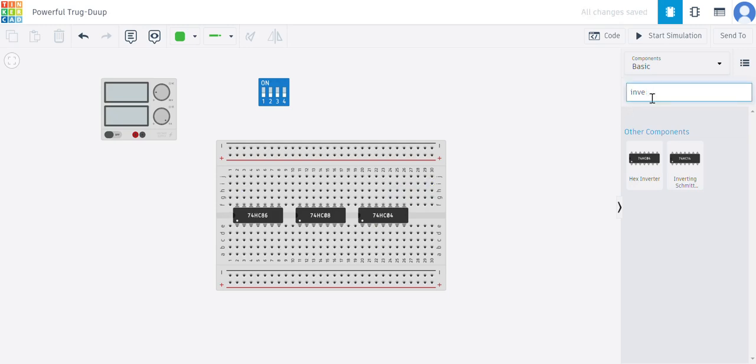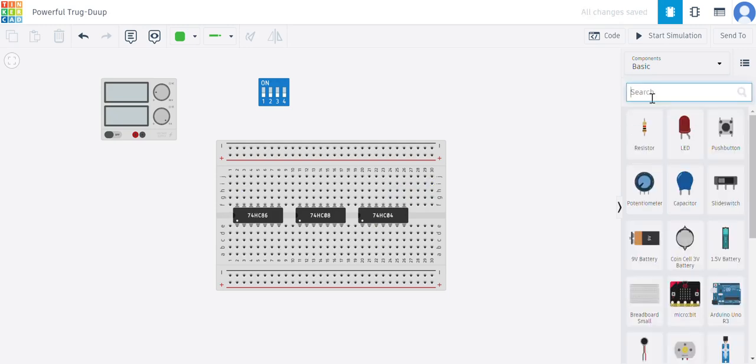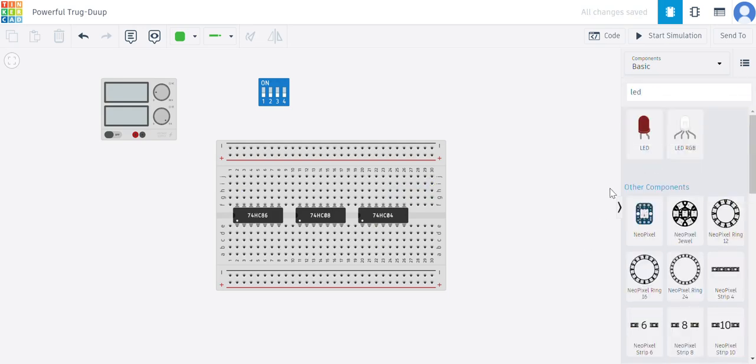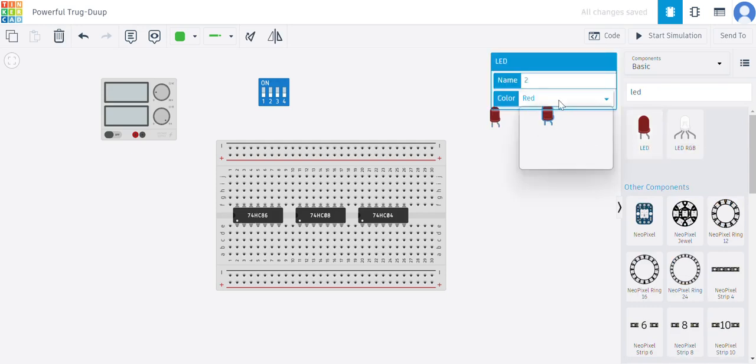Now we need two outputs to be represented, so we take two LEDs, one red, and we can also change the color here. We can give any color, you can give it the color you want.